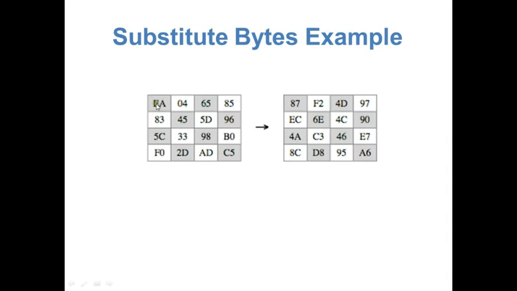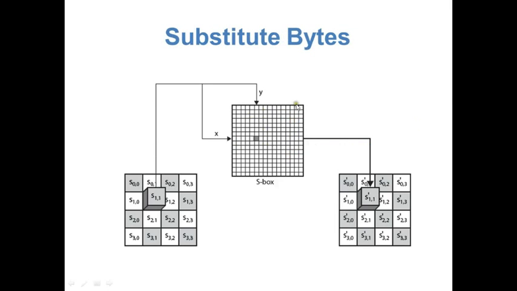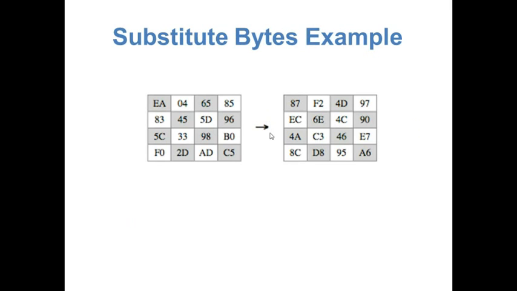You can see EA has been converted to 87, 04 is converted to 42, 64 to 4D, and 85 to 97, and so on. These values are looked up in the table, using the X and Y axes available in the S box.